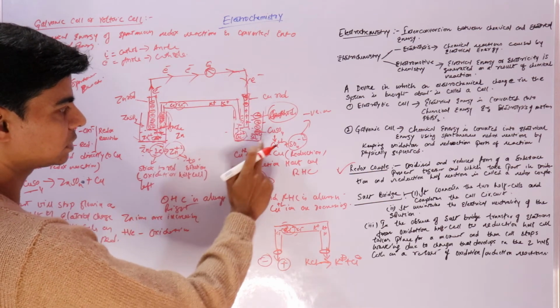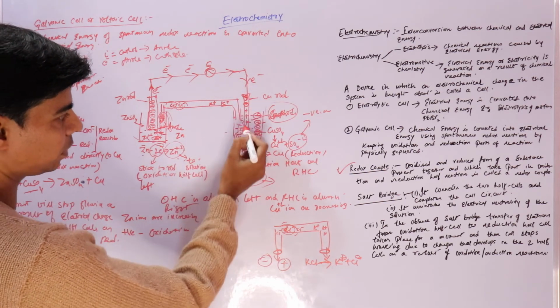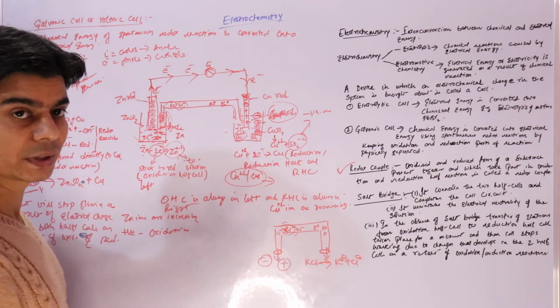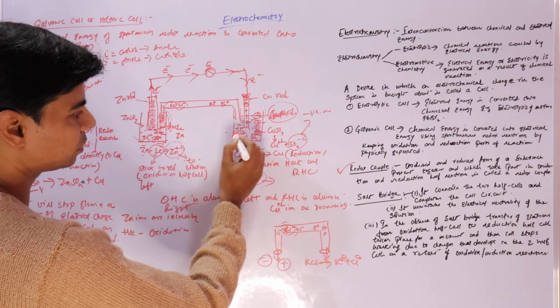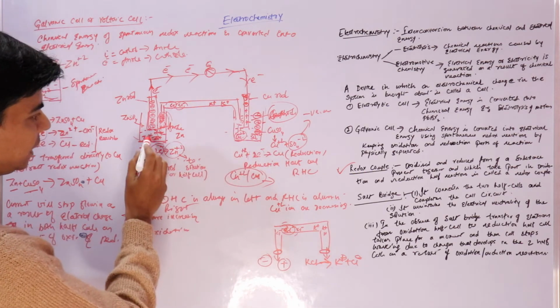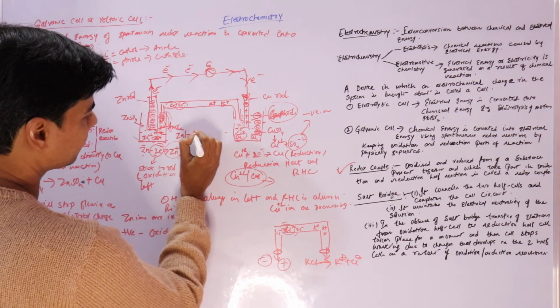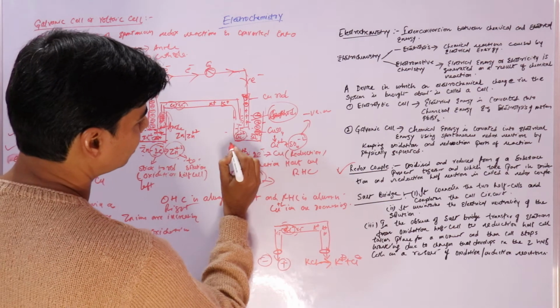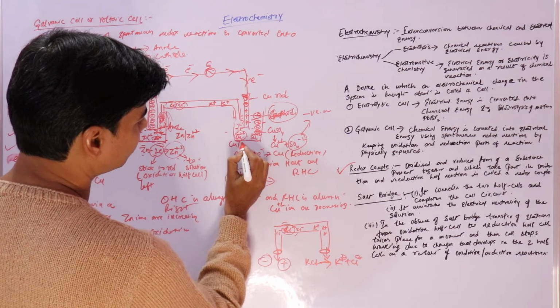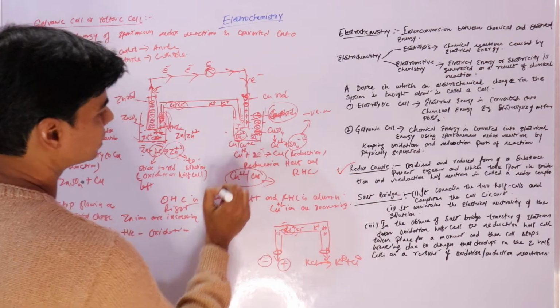Here the copper rod is in contact with its own ions. Since this is a copper rod, the solution contains copper ions, so we say the copper rod is in contact with its own ions. Here we have zinc ions, so zinc is in contact with its own ions. Similarly, here we have the copper rod, then copper ions.